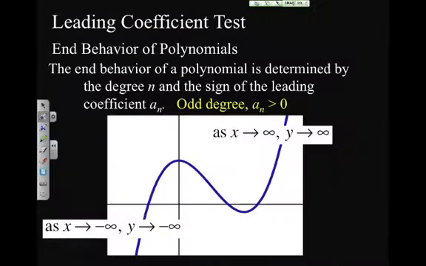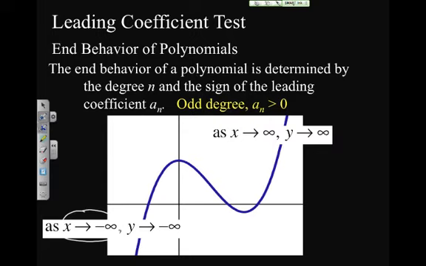So now to look at this particular graph, it's just a basic graph where it's an odd degree and the leading coefficient is positive. And you can see the descriptions here. We'll always have 2 descriptions. First, as x approaches negative infinity, or as the graph goes to the left, what happens?